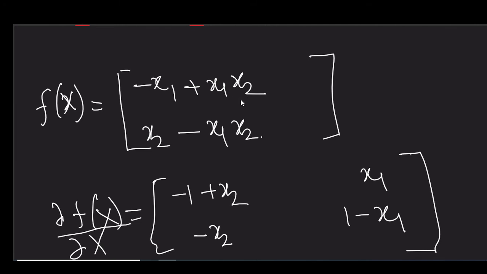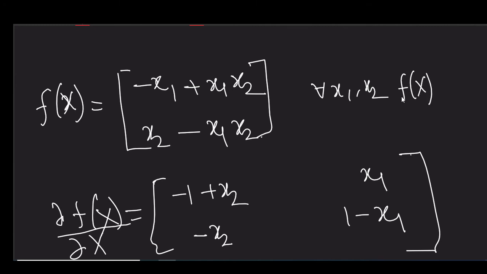It is not possible for us to find a finite m which can ensure that for all x1, x2, the norm of f x will be less than or equal to m. We can't find such an m, so it is not globally Lipschitz, it is only locally Lipschitz.